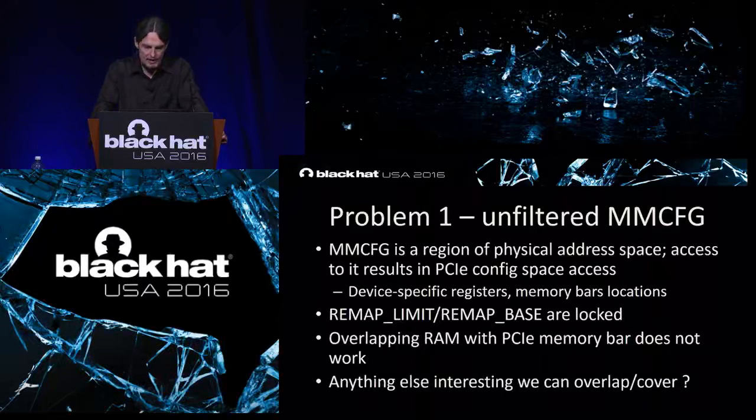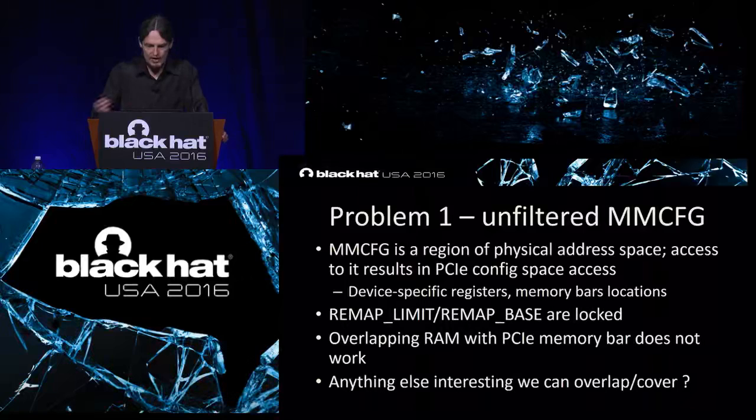The idea is that you can overlap, for instance, RAM, normal memory, with PCIe memory, and you hope that this RAM is somehow important for the hypervisor, and if instead of accessing this RAM, you access PCI memory, then some malfunction can happen. But as far as I know, that's not going to work. It is explicitly stated in Intel documentation that a PCI device cannot claim cycles which are targeted to the RAM range.